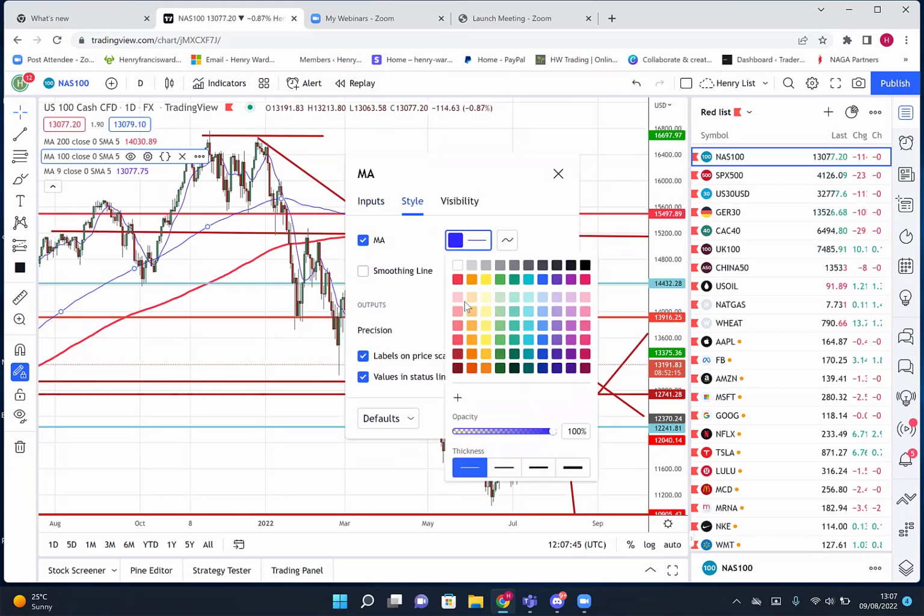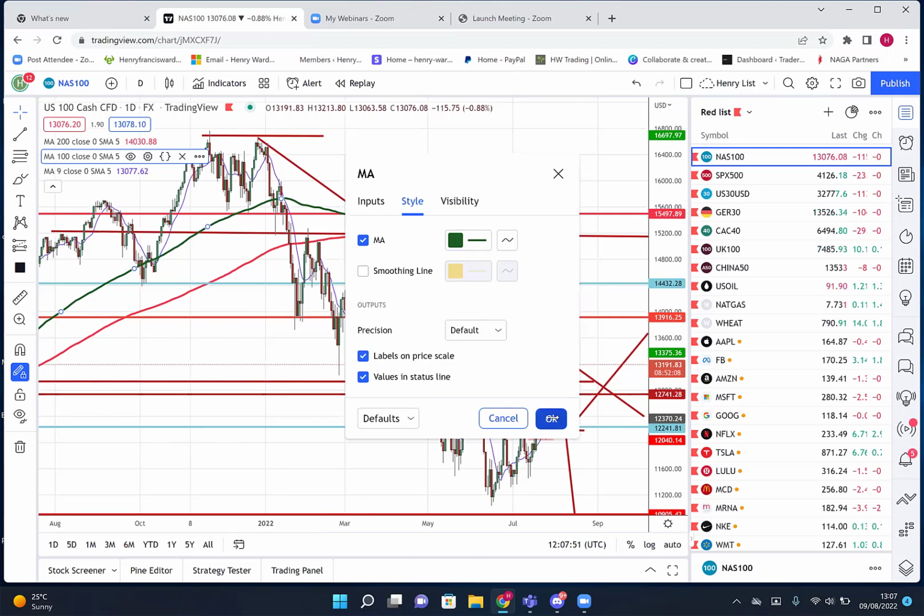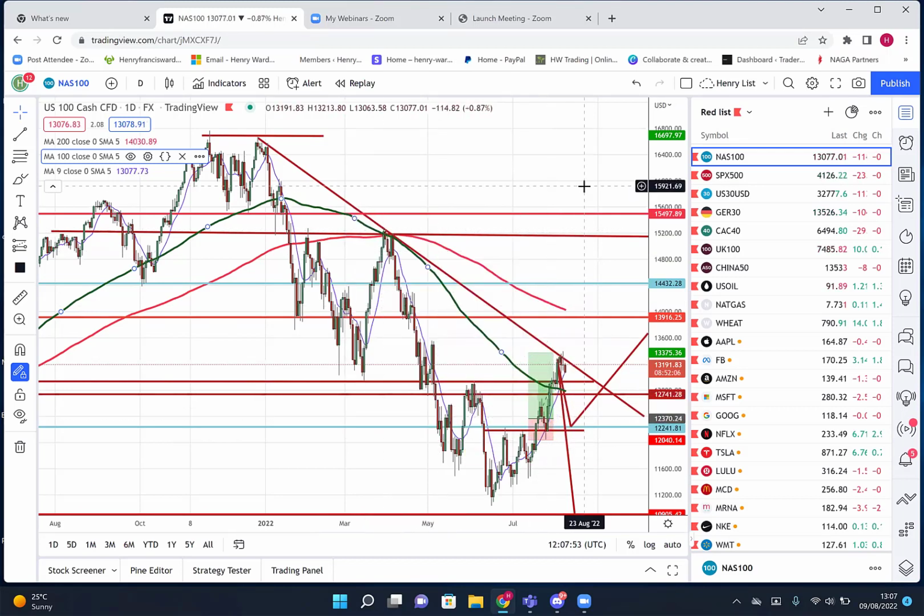I will change that to green. Change the thickness as well. The 200 should be on the trend line. Okay, it's trying to find the right moving average.